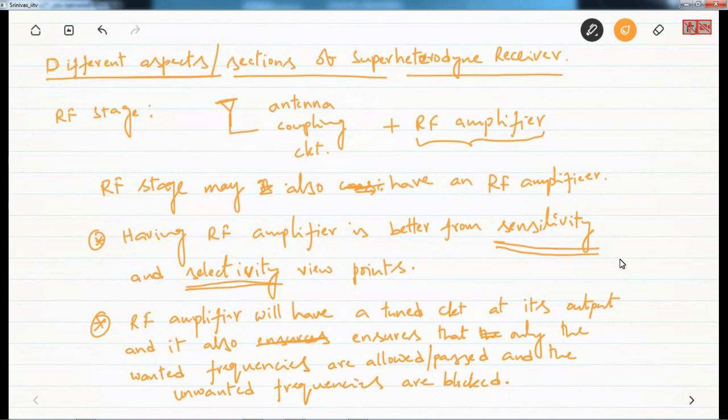Initially we have one tuned circuit at the output of the antenna, and the RF amplifier has one more. A tuned circuit is nothing but a band pass filter, right?